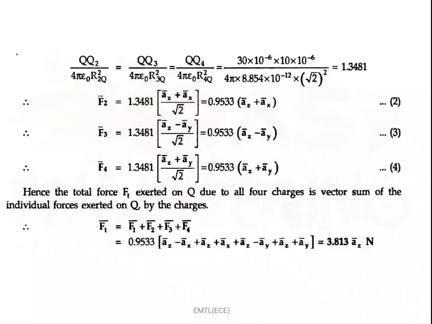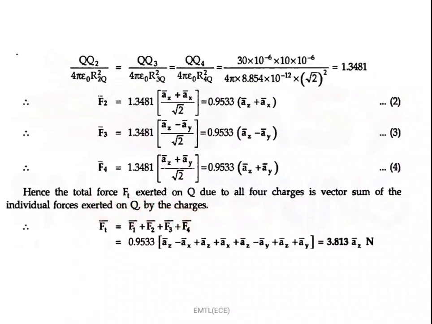Now, calculating F2, the force on Q due to Q2, we follow the same procedure as for the force on Q due to Q1. The same procedure we have to do for F2, F3, F4. That means F3 is the force on P due to Q3 charge, and F4 the force on P due to Q4 charge. So these are the total forces.